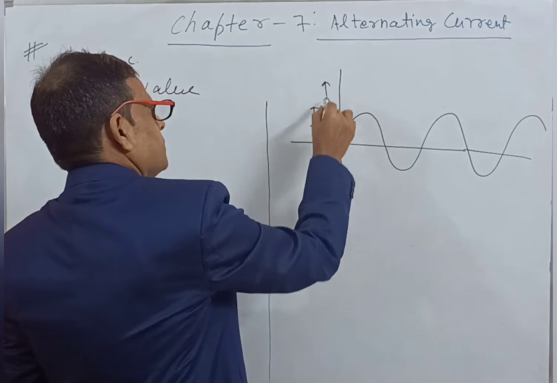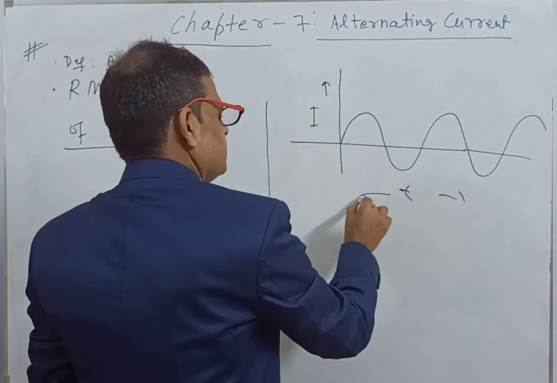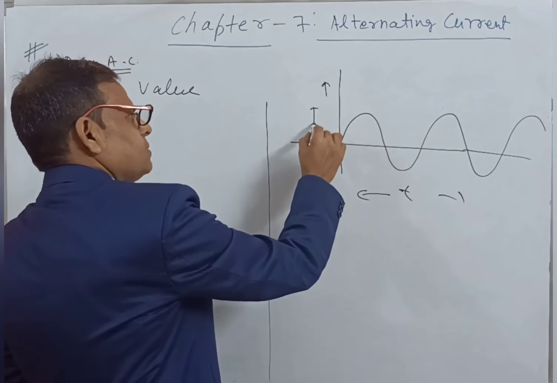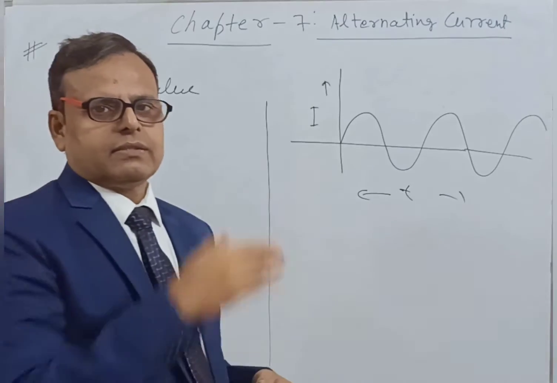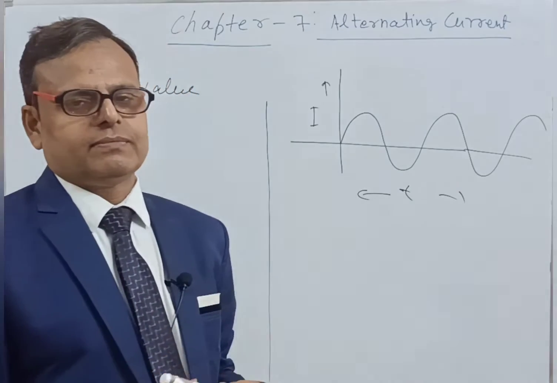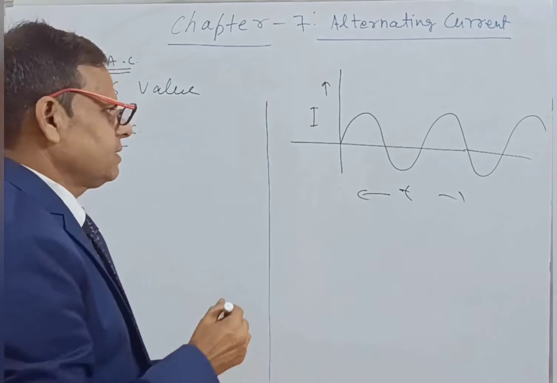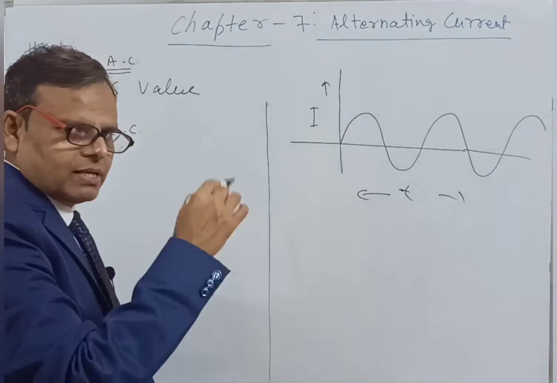I is the alternating current on the y-axis and t is time on the x-axis. The magnitude and direction of the current, as you are looking here, varies with respect to time, and this is sinusoidal.